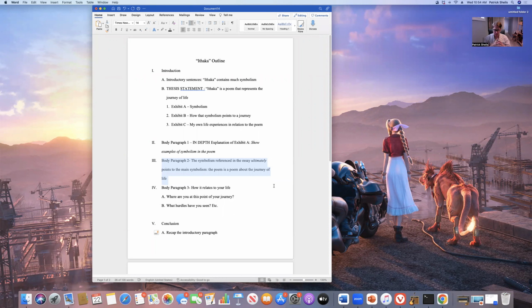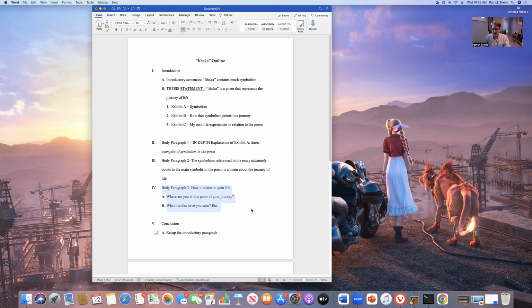And finally, we go to body paragraph number 3, denoted by the Roman numeral number 4, because this is our 4th paragraph: how it relates to your life. This is the response part of the summary response essay.